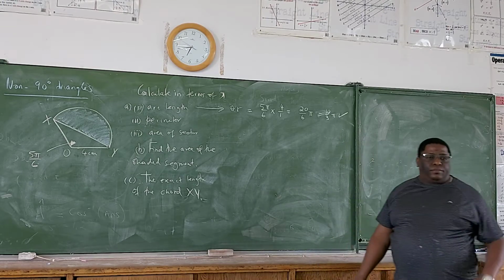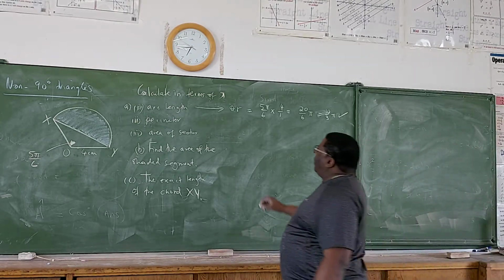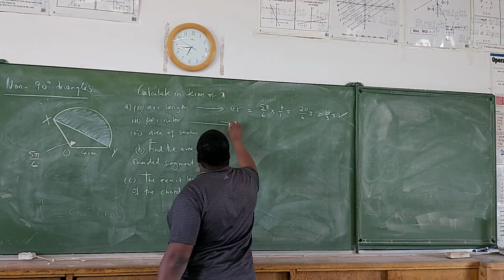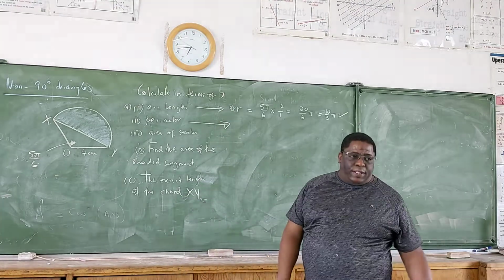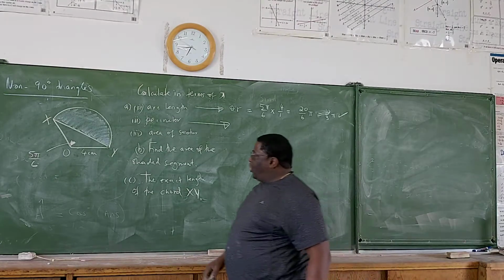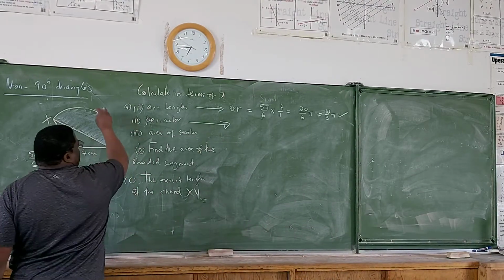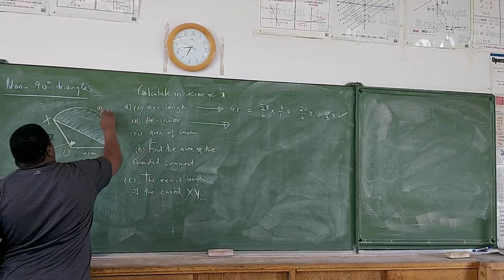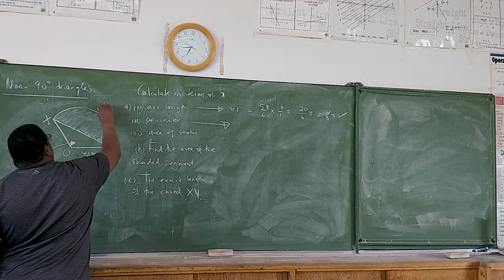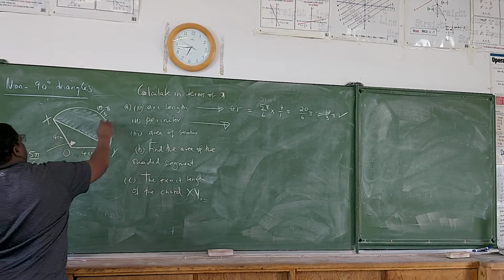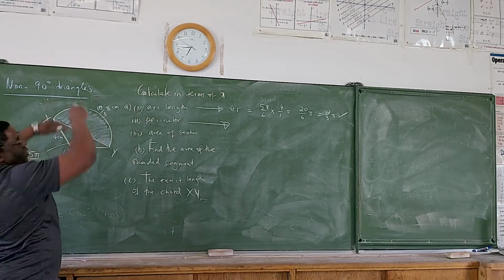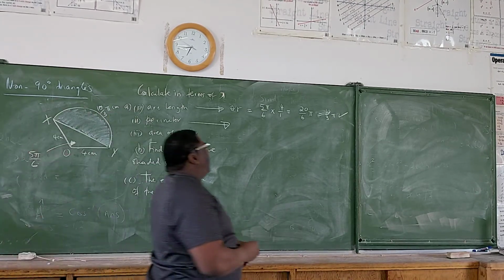Okay. Part B, we are looking for the perimeter of the whole thing. So we now know that the arc is 10 over 3 pi, and the two straight sides are 4 centimeters each. The perimeter is just the distance on the outside, nothing done inside.